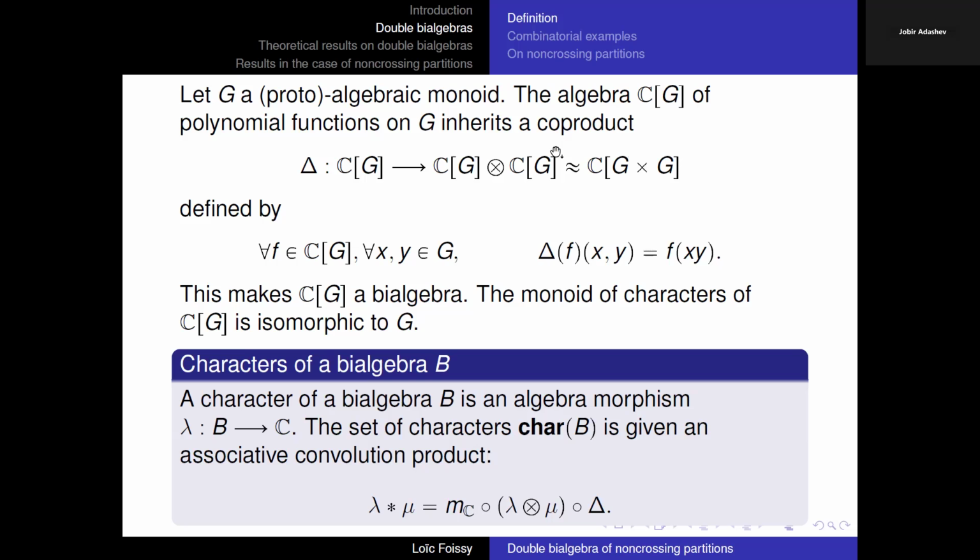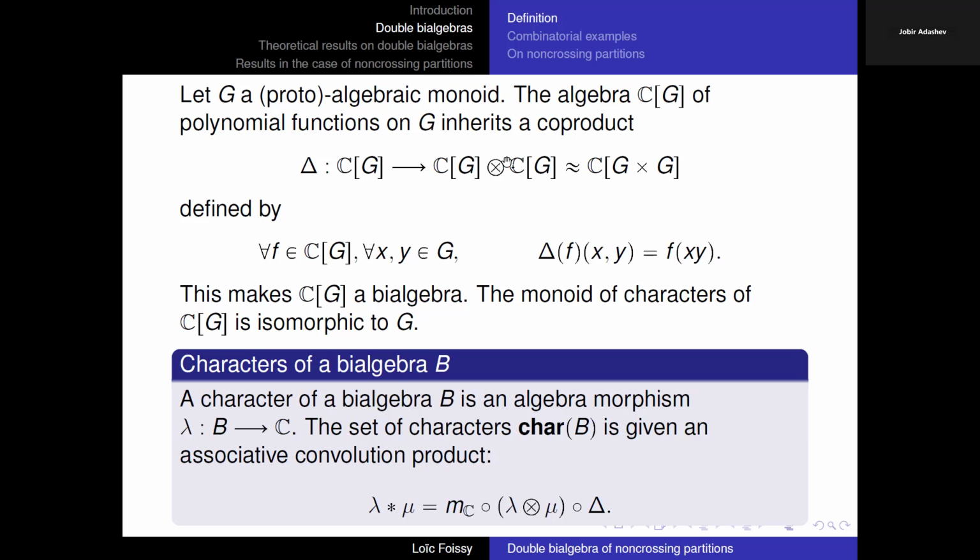So you have an object on this algebra, and again, if everything is okay, this algebra is in fact identified with C of J tensor C of J. So this is a bialgebra. This is an algebra equipped with a coproduct delta, which goes from C of J to C of J tensor C of J. And again, if your group is algebraic, everything works, and you really obtain an algebra morphism from C of J to C of J tensor itself.